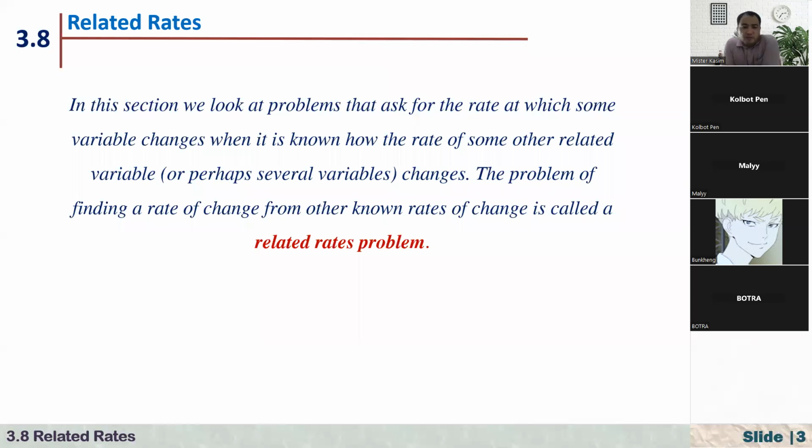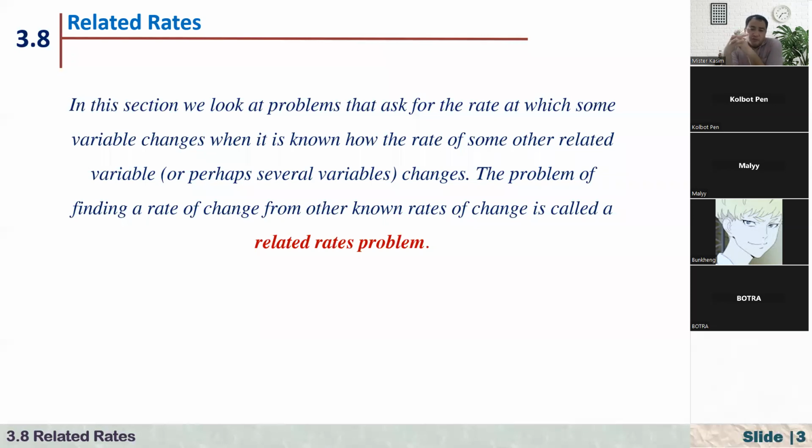So in this section, we look at problems that ask for the rates at which some variable changes when it is known how the rate of some other related variable, or perhaps several variables, change. So that means that so far we have been talking about the rate, right?